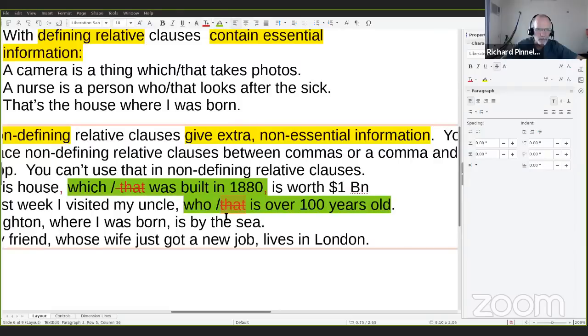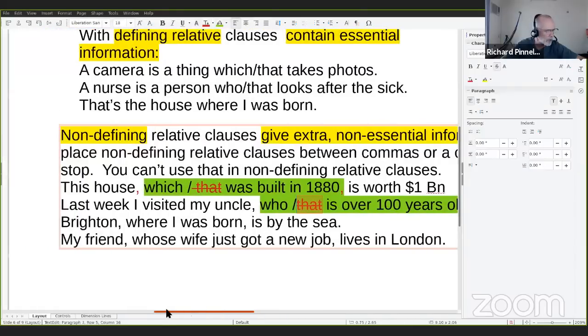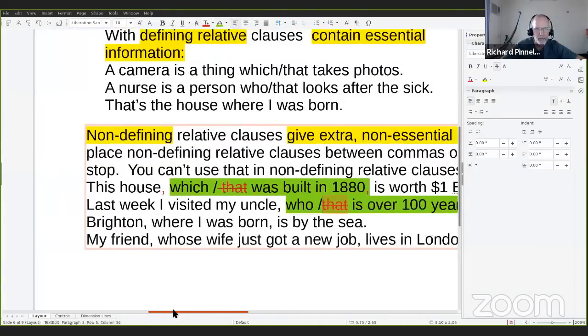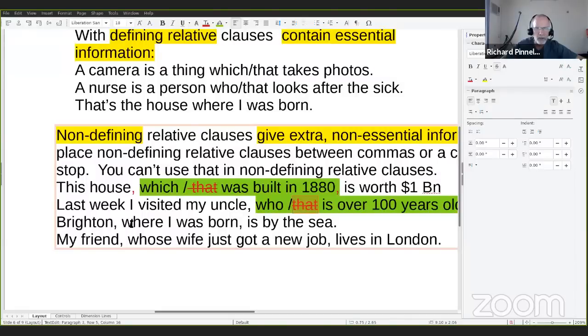Couple more examples that I've got here. Brighton is a town where I was born, is by the sea. So this is a relative clause with where. Remember, the relative clause is always separated by commas when you write it.